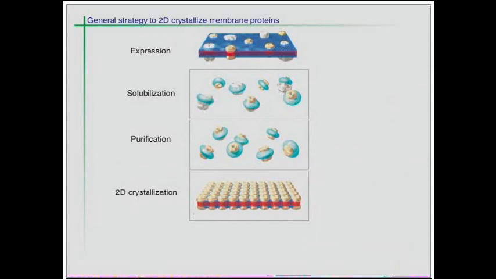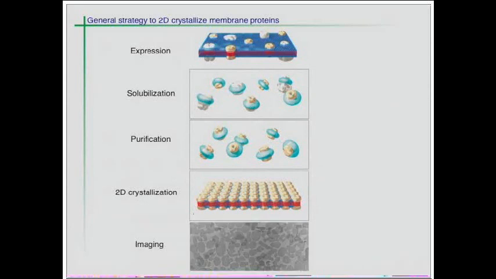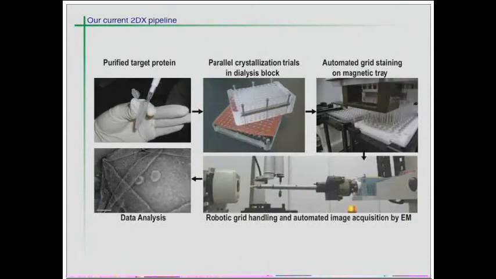We remove the detergent so we can get a 2D crystal which, as you can see, reflects pretty much the original status of the protein. Once we do 2D crystallization, we need to image these outcomes. So my talk today is going to be about how to streamline many of these steps.